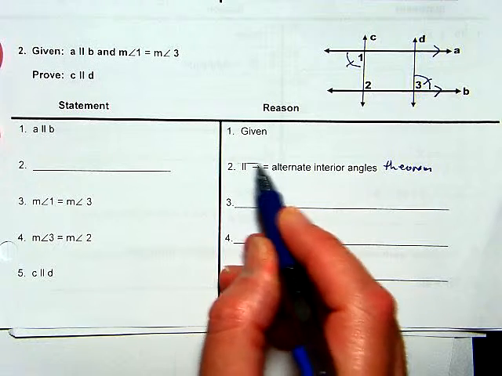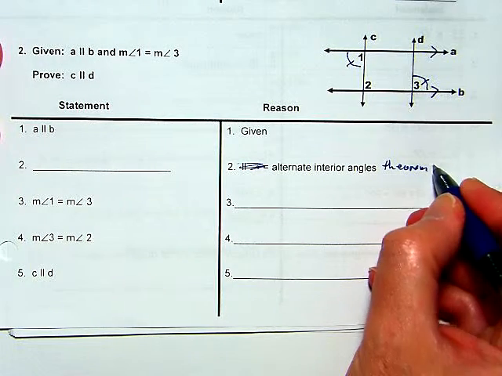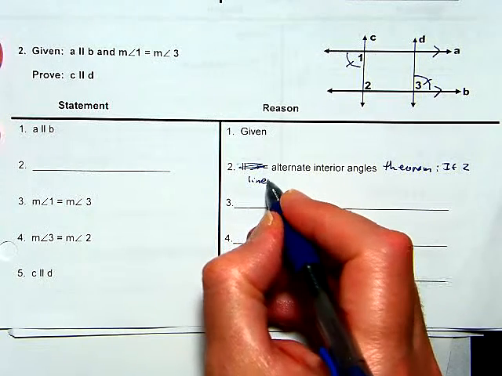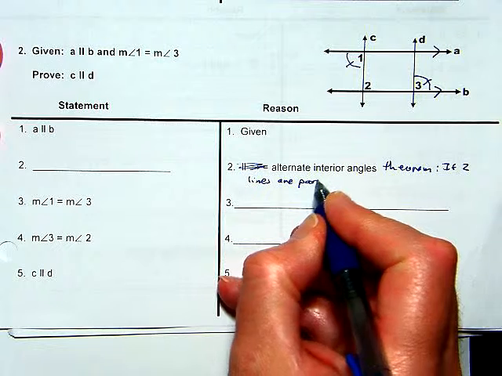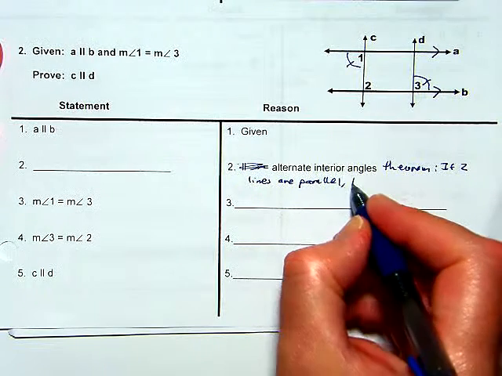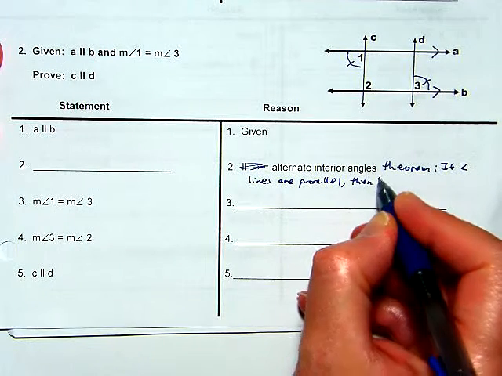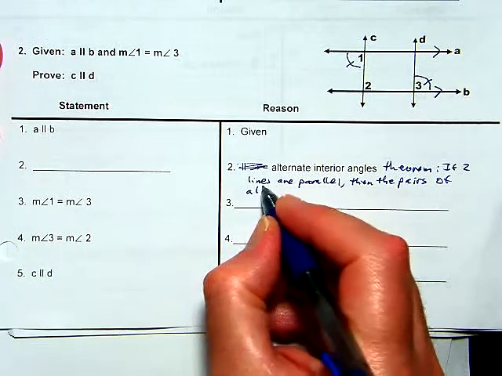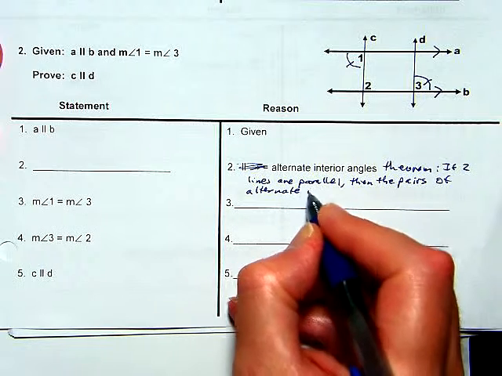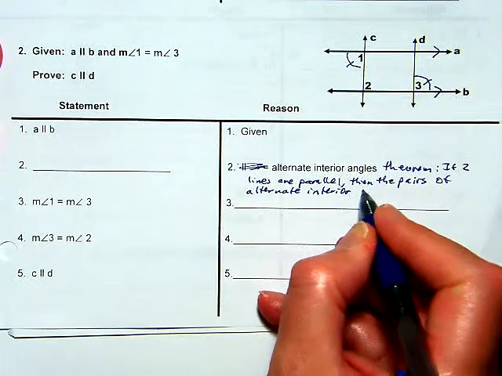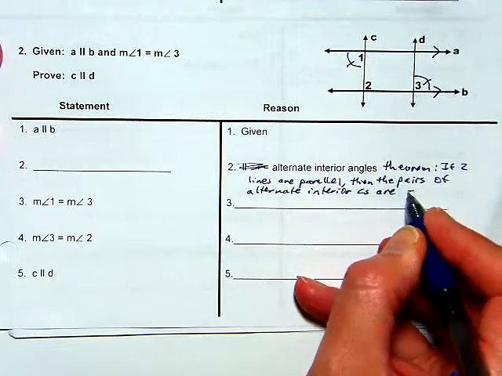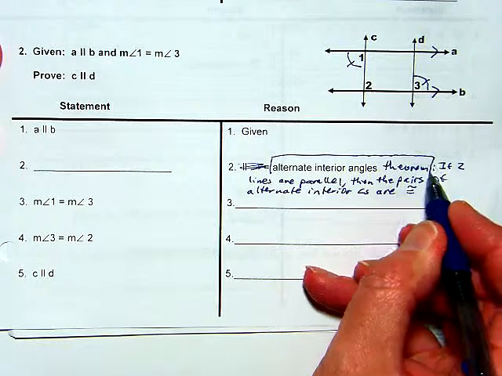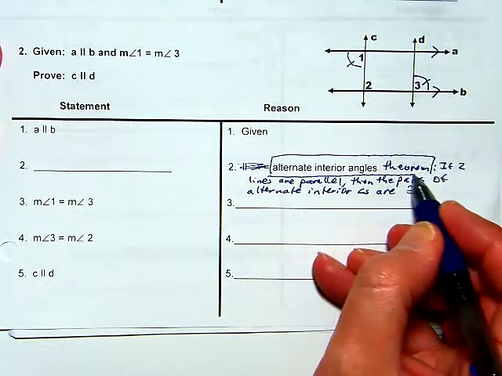I'm going to rewrite that as saying the alternate interior angles theorem says that if two lines are parallel, then the pairs of alternate interior angles are congruent.